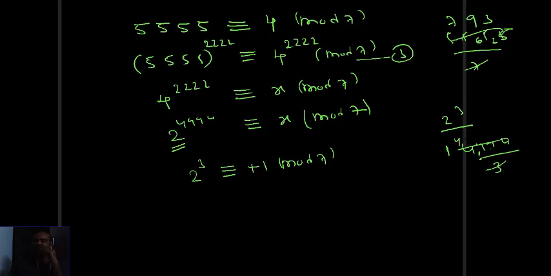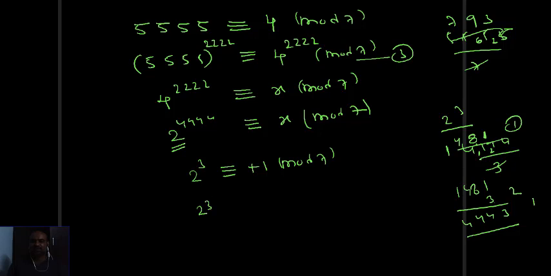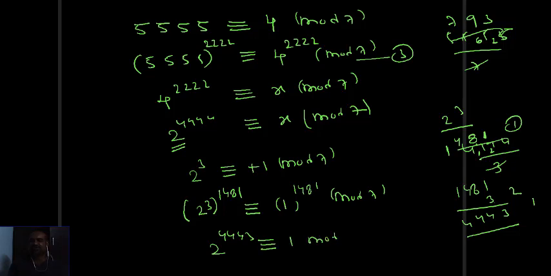So 2 power 3 power 1 raised to the power is congruent to 1 power 1 modulo 7. So 2 power 3 is congruent to 1 modulo 7.